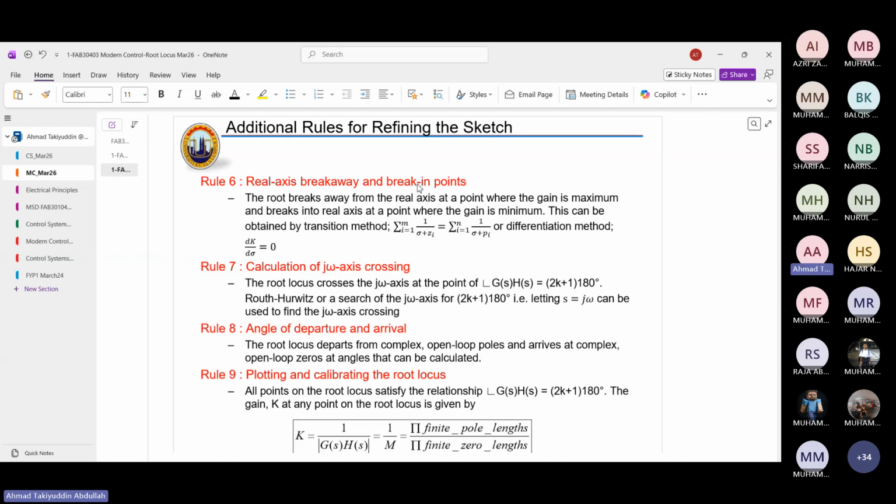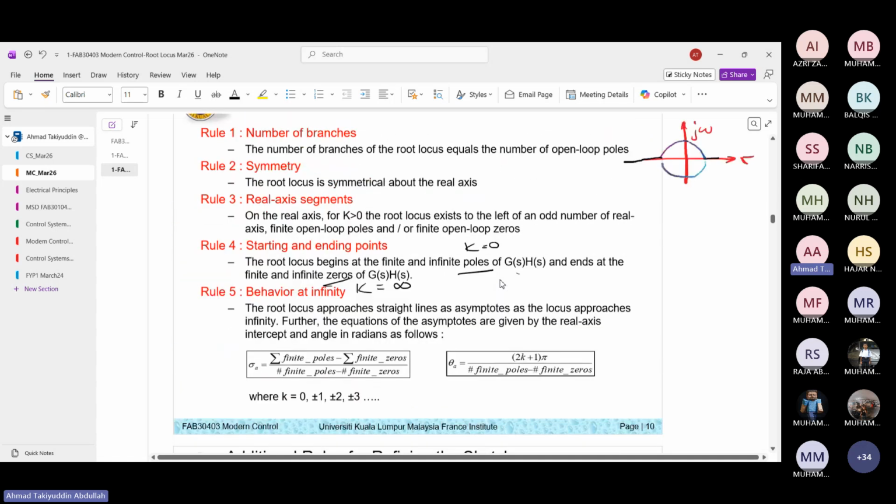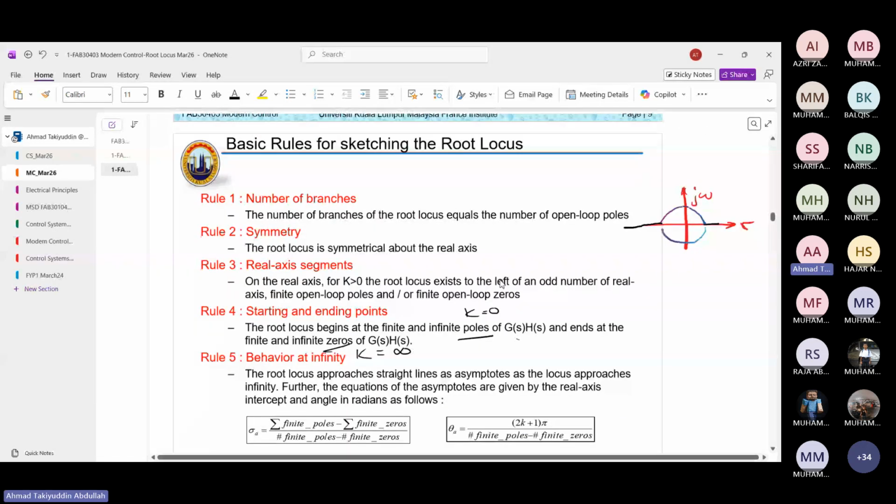Break-in is whenever the point is the point that comes into the real axis segment, and the real axis segment will be at k equal to infinity. Okay. Let's get into k going to k equal to infinity. We have got these two.